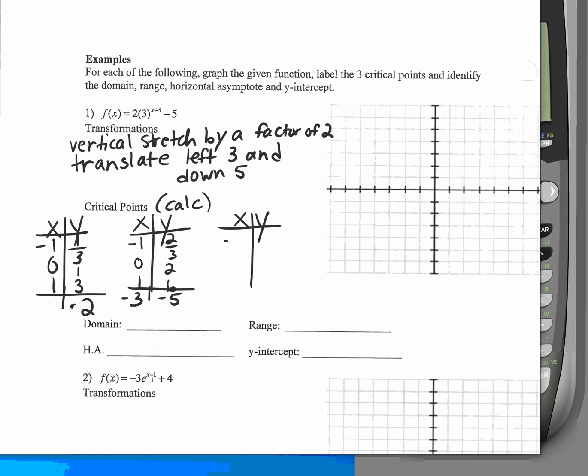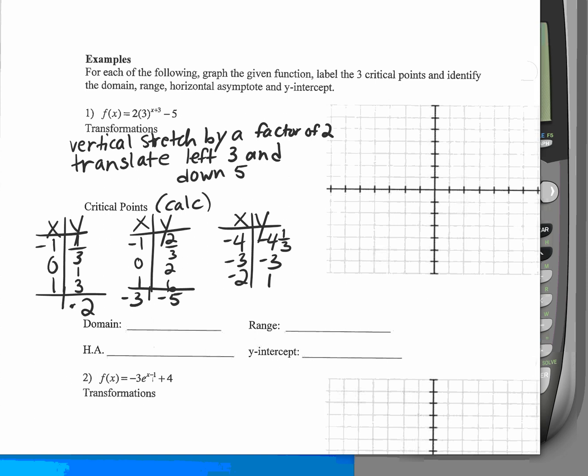I did go through that kind of quickly. I just want to remind you of how we could do this by hand, and then take you into the calculator to find these points quickly. Right, so if we were using the transformations, we would do the stretching and then the translating in our second set.